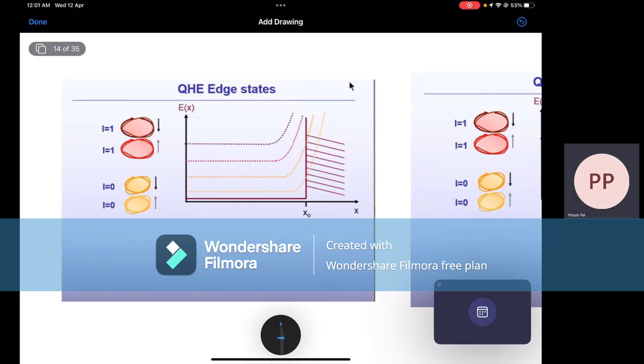The energy is going to slide upward. X naught is the position of my hard wall, and you can see how each of the states, as they get close to the wall, will increase in energy, right?